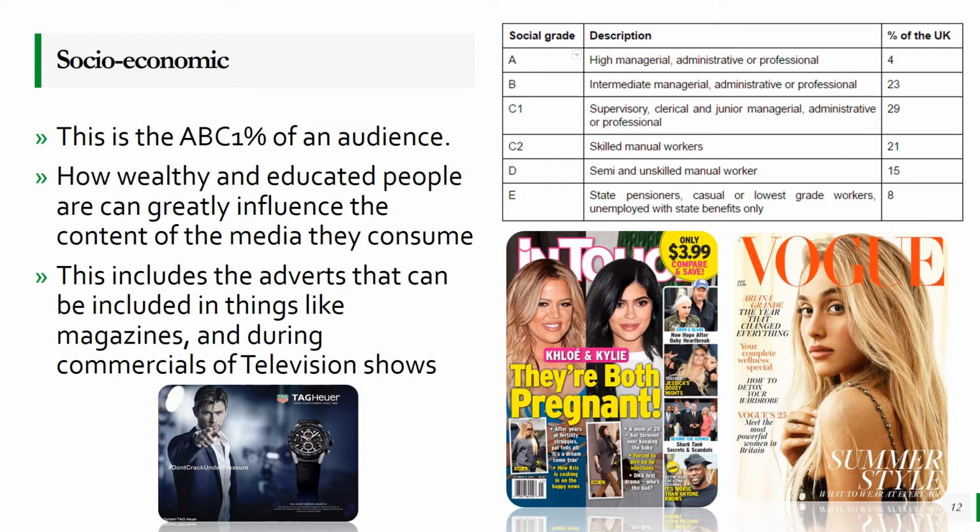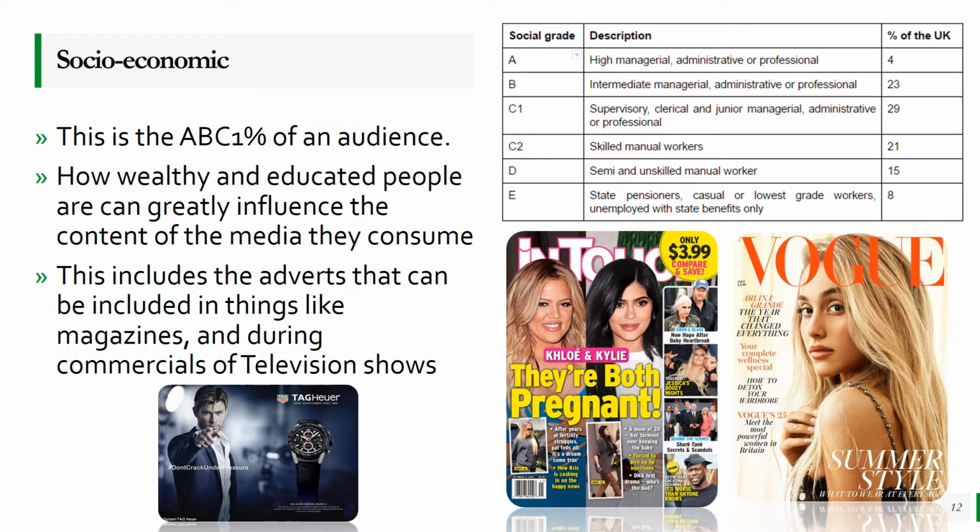Now, if you put this in contrast to the C to E section, people who are more likely to fall into these bottom categories are people who are unemployed, factory workers and people like that, who have less money and maybe not as much education. So the audience for things like that are obviously going to be completely different.